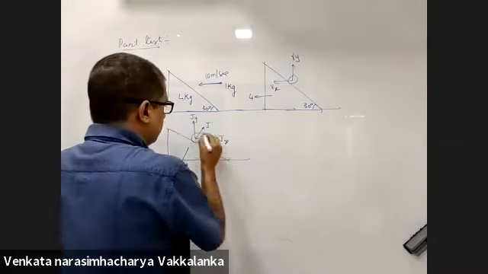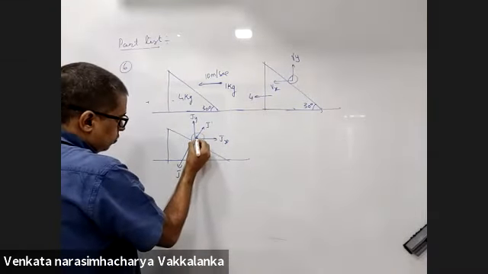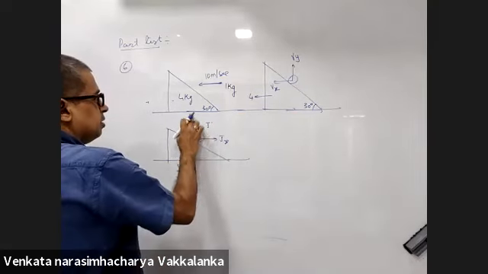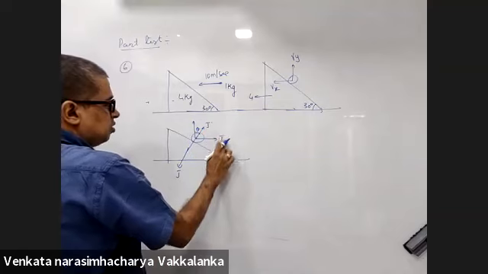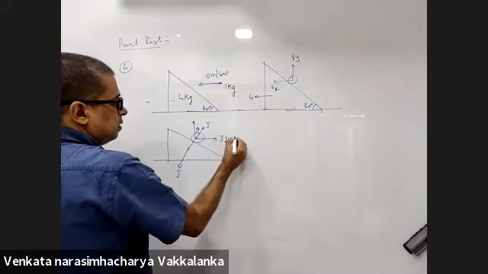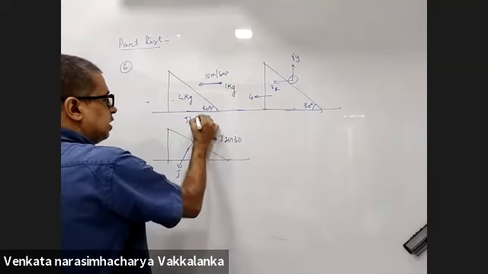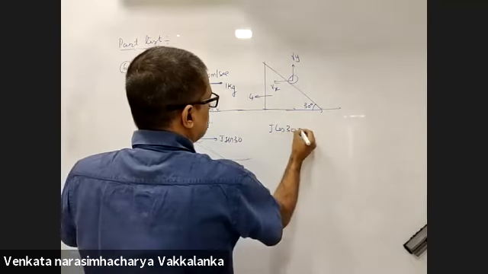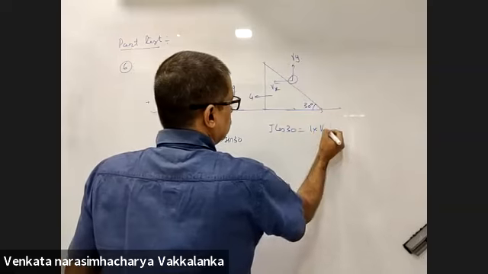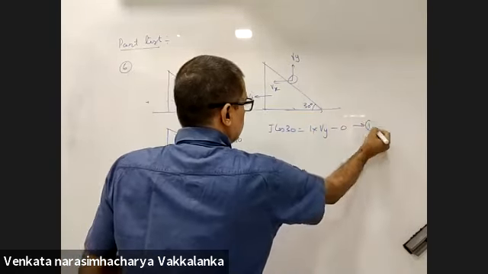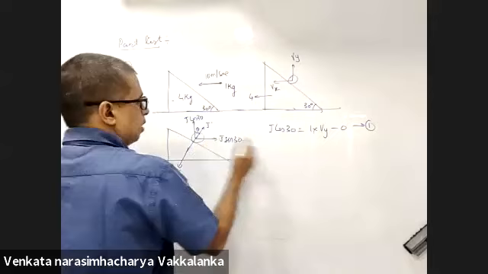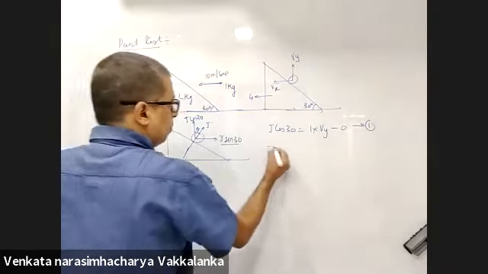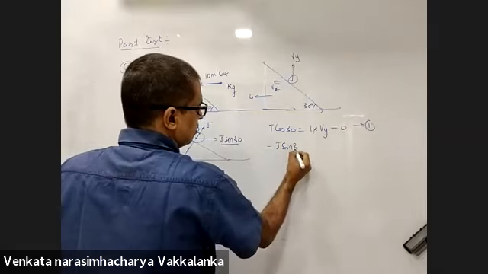Right. Firstly, this will be theta, right? This will be J cos theta. This will be J sin theta. J sin 30, J cos 30. So firstly, J cos 30 is equal to 1 into Vy minus 0, my first equation. Now, here J sin theta is this way, minus J sin 30.